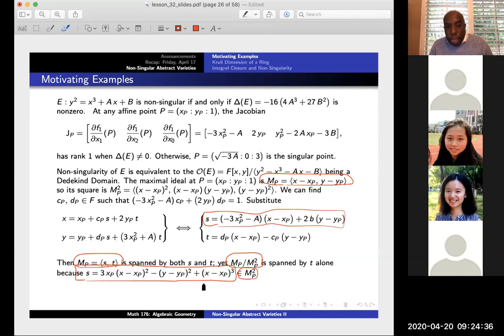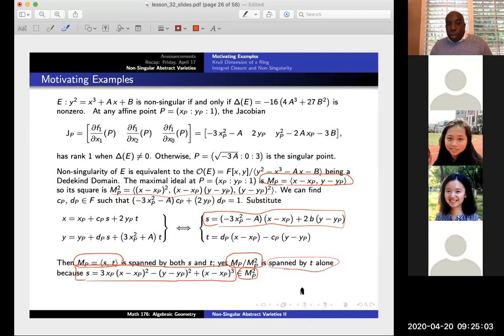But here you'll see that each of these three actually lies in the maximal ideal. So the sum of the three has to lie in the maximal ideal. That means inside of the quotient m mod m squared, s is 0. So this actually means that m mod m squared is spanned by t alone.